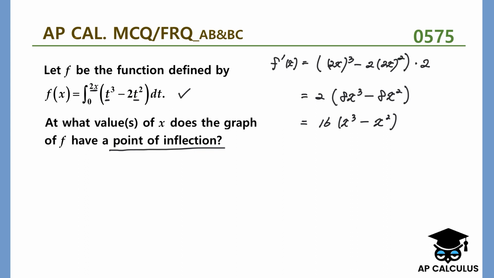That's f prime. Now f double prime, the second derivative, is equal to 16 times 3x squared minus 2x, right? And we're going to set that equal to 0.